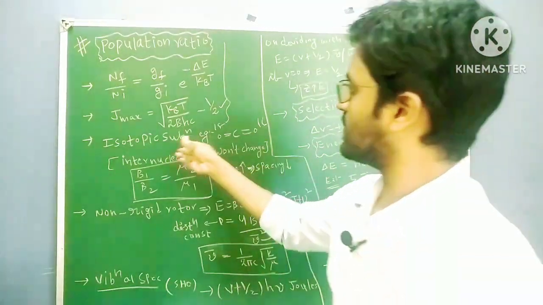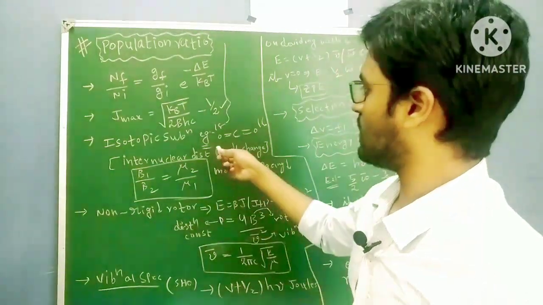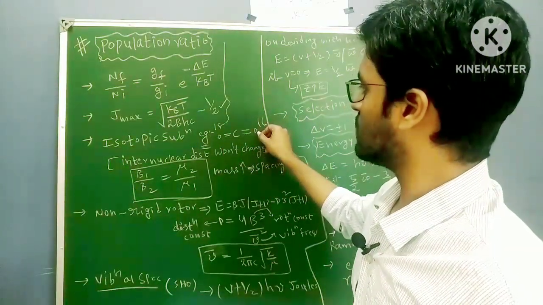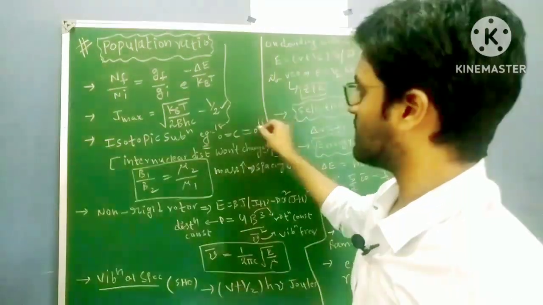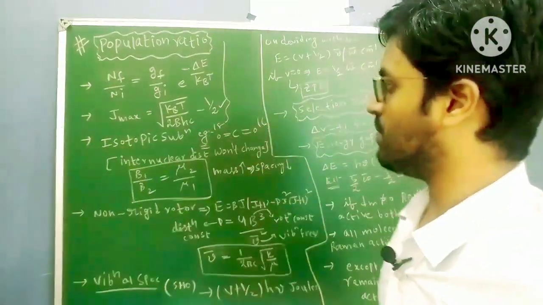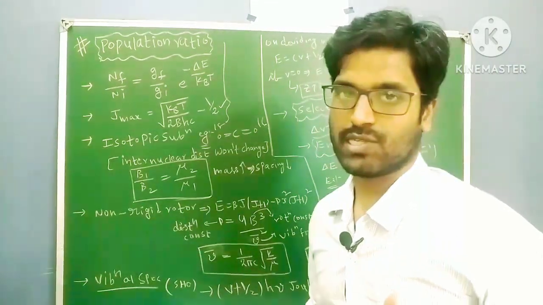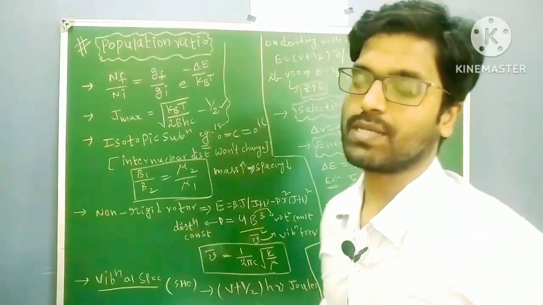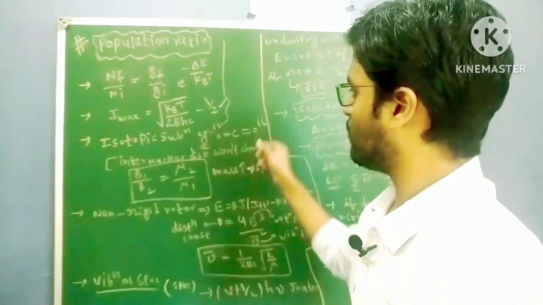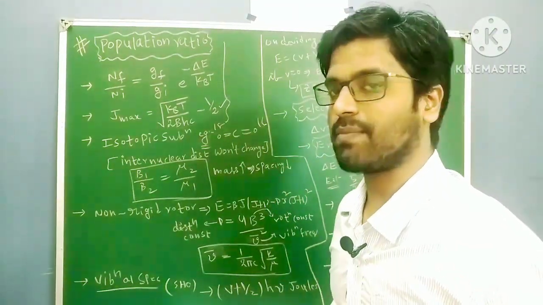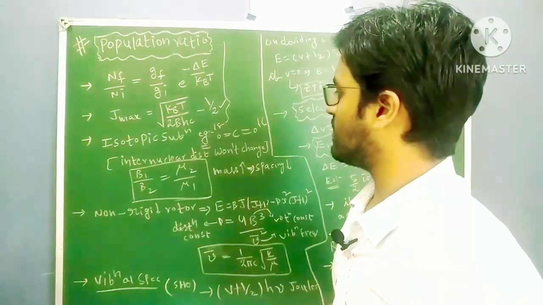Next one is isotopic substitution. In isotopic substitution, suppose you take the molecule carbon dioxide, where one oxygen has mass 16 and the other oxygen has mass 18. Here you have to remember the internuclear distance won't change when we have the isotopic substitution, right? When you have the same atom with two different masses, your internuclear distance won't change.